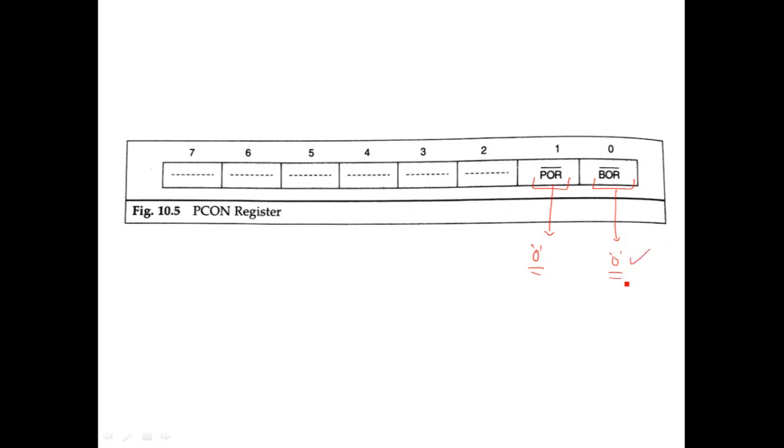By checking these 2 bits, the programmer can understand what kind of reset has occurred, whether power on reset or brownout reset. These bits are set or reset by the hardware of the microcontroller, depending upon the corresponding situations. They are not to be set or reset by the programmer. So these are the basic SFRs. Is it clear?